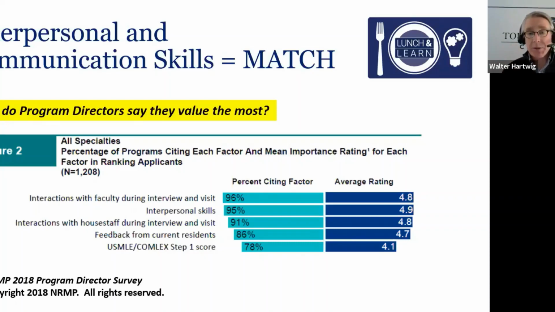So we have three dimensions on the capacity, the capabilities that residency programs are looking for in students, and I'm going to go over those now, three different dimensions. One is from the residency program directors themselves through a biannual residency program director survey produced by the National Residency Matching Program, the NRMP.